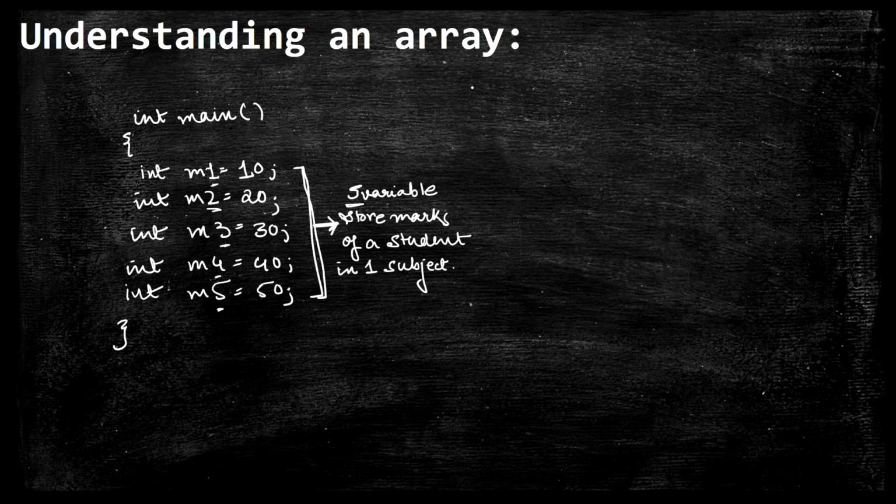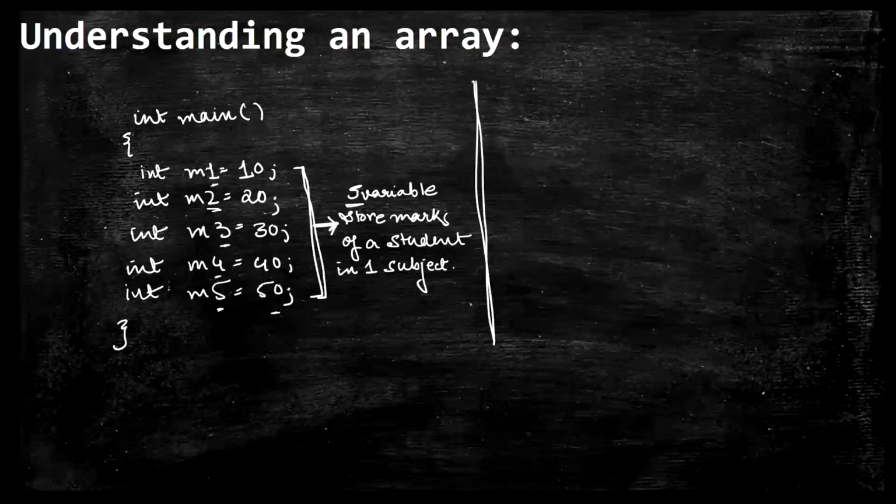But if you consider the feature of array, the array allows you to store all these 5 marks, or more than that, in a single variable name. How do you do it with array? It's very simple.